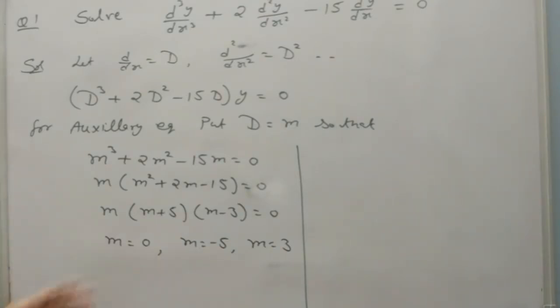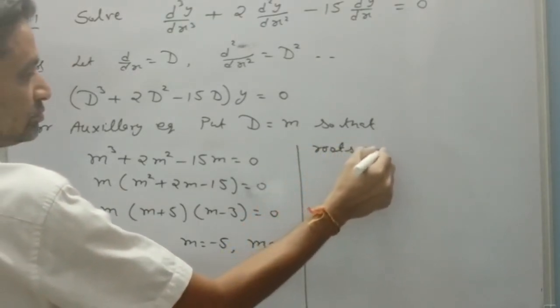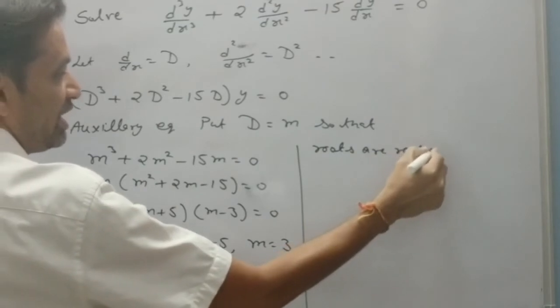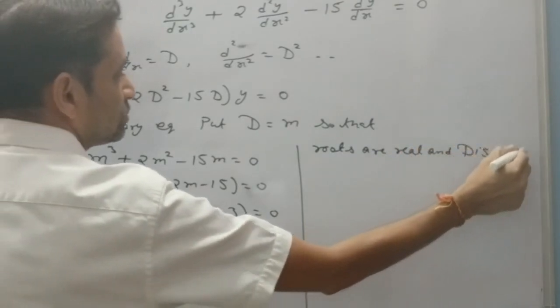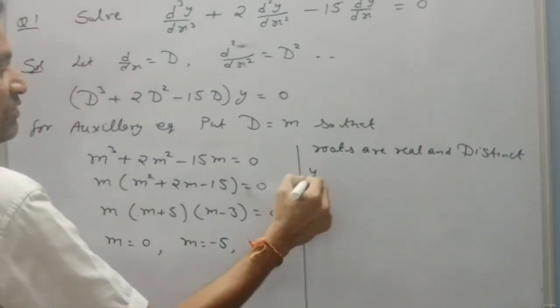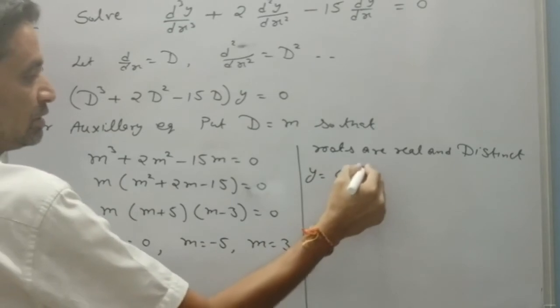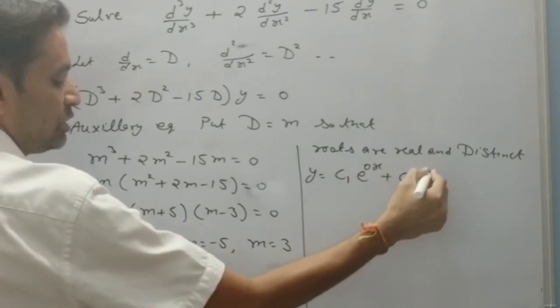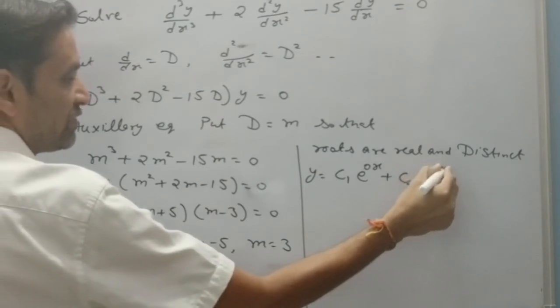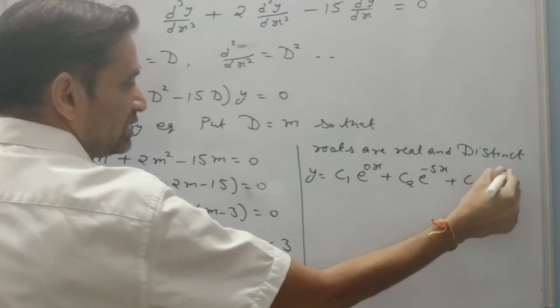As we get all the solutions, we can see here the roots are real and distinct. So the first case, y will equal c1 e to the power 0x plus c2 e to the power minus 5x plus c3 e to the power 3x.